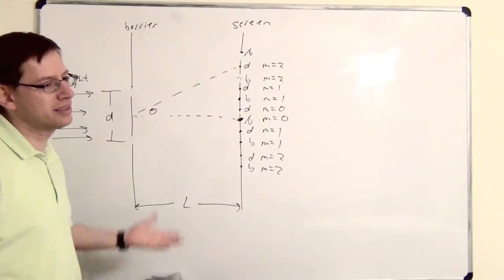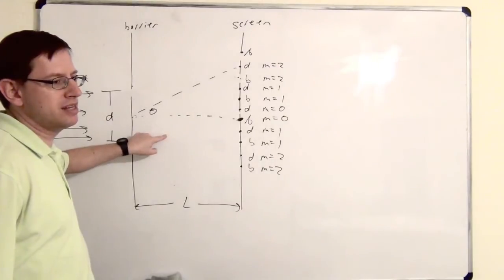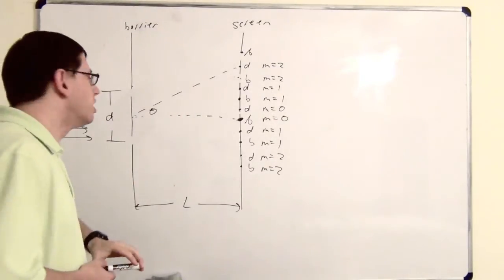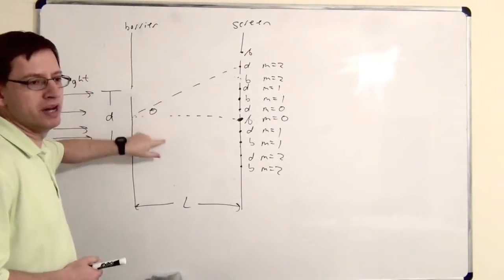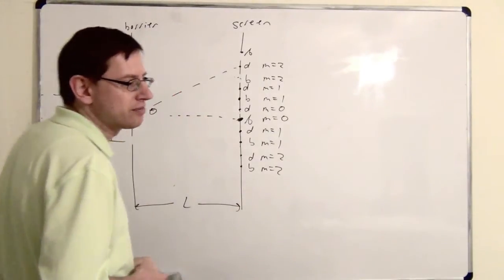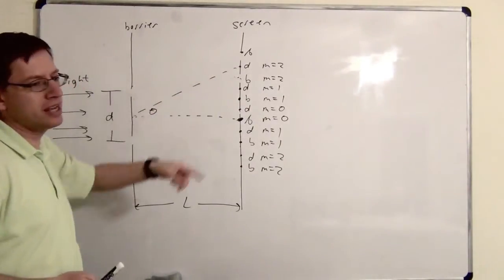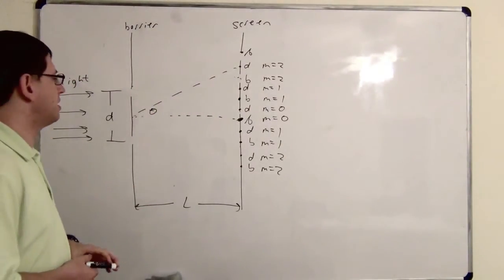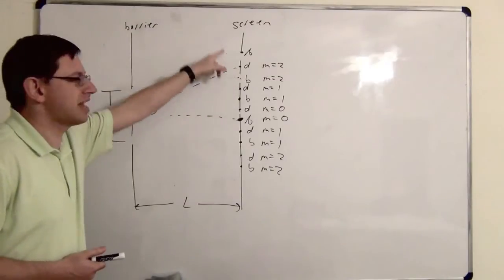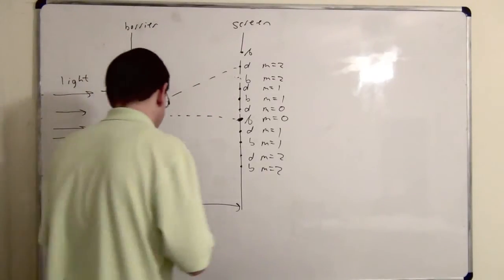It increases. That's right. I suppose technically we could call these positive thetas and these negative thetas, but that turns out not really to be necessary. So we can use a positive theta for both above and below. So every theta actually refers to two different points. The theta above and the theta below. So the further we are from the center, the bigger theta is. So the point is, if you were given theta, you could figure out exactly where on the screen we were talking about. So that's one good way to locate the points.